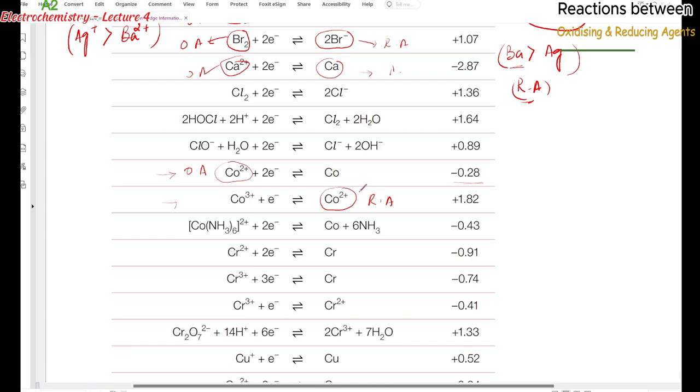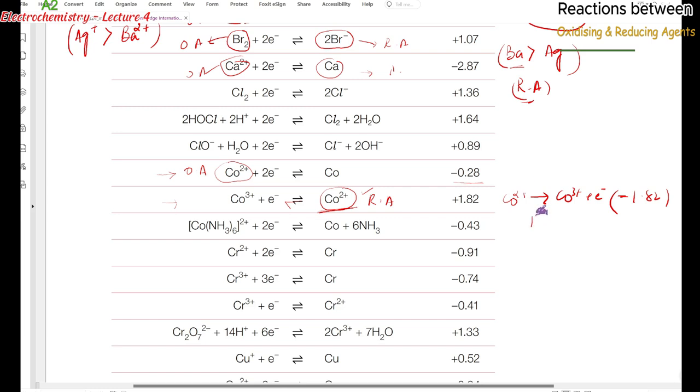What is the value of the power of this reducing agent? I mean, the reducing power of the Co2+ ion will be negative, because we are going to move in a reverse way. So I want to check this value. Co2+ goes to Co3+ plus loss of an electron, and its value will be minus 1.82.